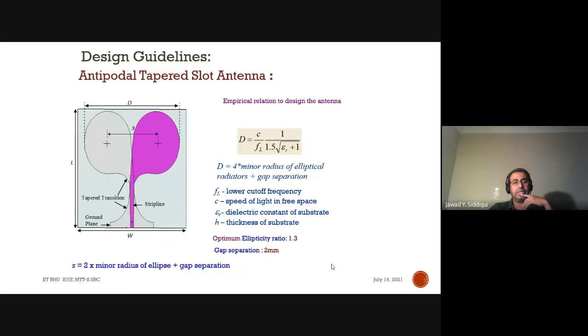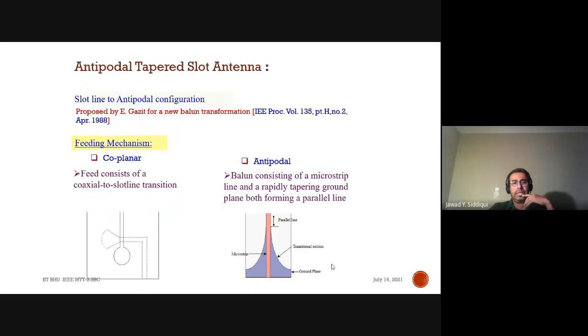And these are the design equations for this antenna. Now, what we did is we used the antipodal tapered slot configuration. There are 2 ways to feed this antenna. You can use a coplanar waveguide or an antipodal configuration. This antipodal configuration is nothing but a Balun, a transition from microstrip, which is an unbalanced line, to a parallel strip line, which is a balanced configuration.